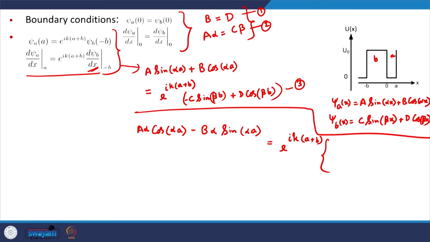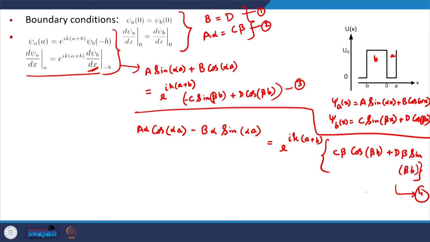The derivative of psi b would be c beta cos beta x minus d beta sin beta x, and at x equal to minus b it would be c beta cos beta b plus d beta sin beta b. So, this is constraint number 4.